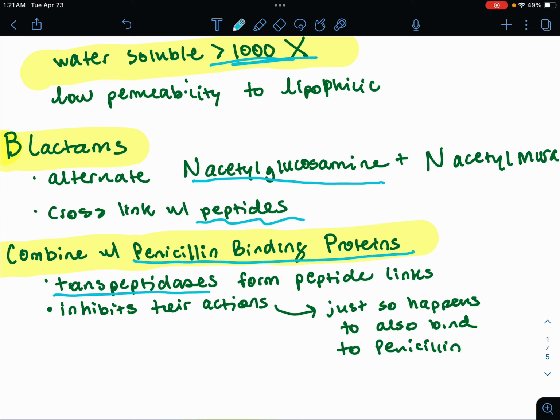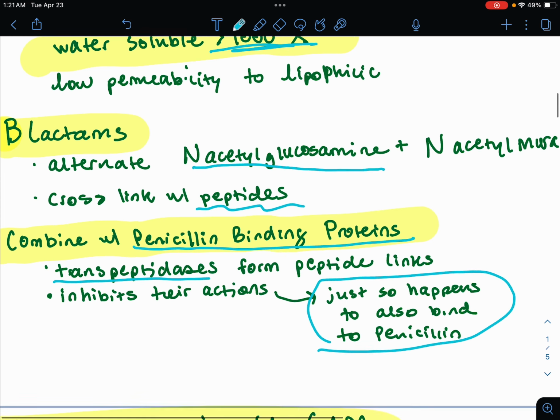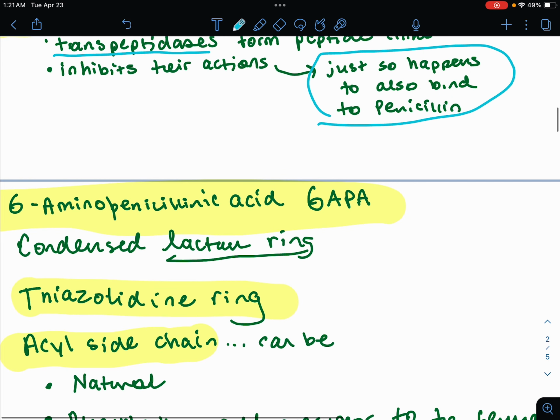They are going to form the peptide links in between the alternating chains in peptidoglycan. And since they also bind penicillin, this is actually going to inhibit their actions. So it's kind of like you're your own worst enemy type deal.